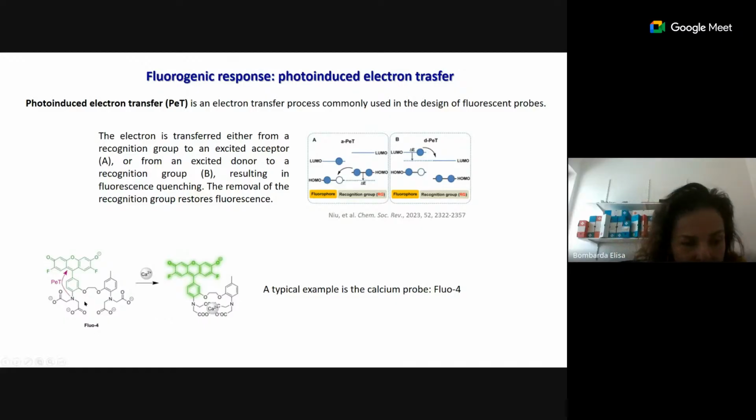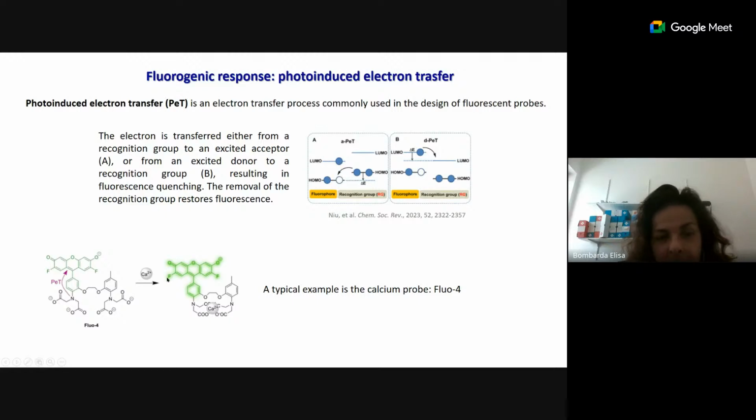And so you see, in this case, that is the recognition group, which is chemically designed for coordinating a calcium ion when it is there. So then you have a photoinduced electron transfer, in this case from the recognition group to the excited donor. And so we are in the first case here. And so then the donor is non-fluorescent.